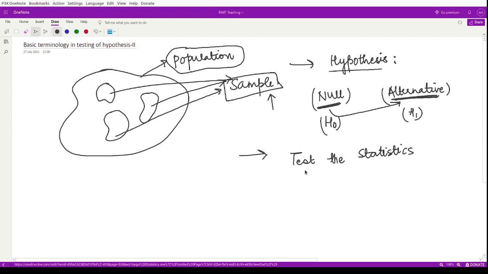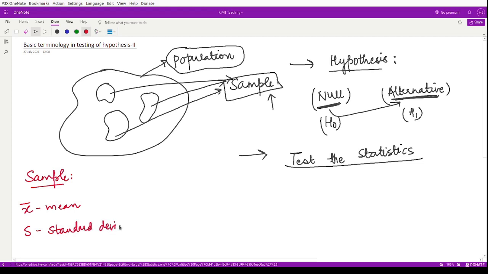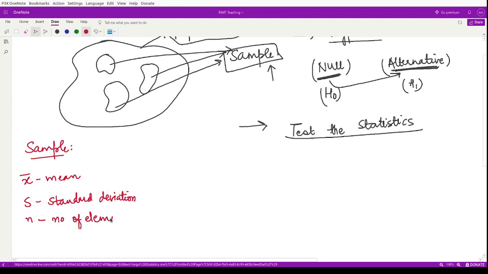Moreover, before studying this, if you remember, for a sample we have the parameters: x bar, the mean of the sample, small s, the standard deviation of the sample, and small n, the number of elements in the sample.